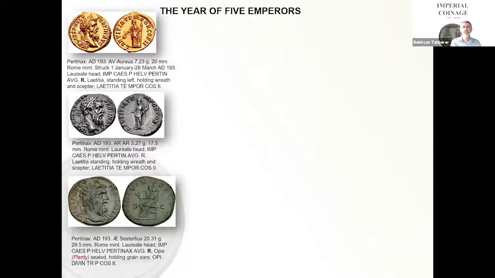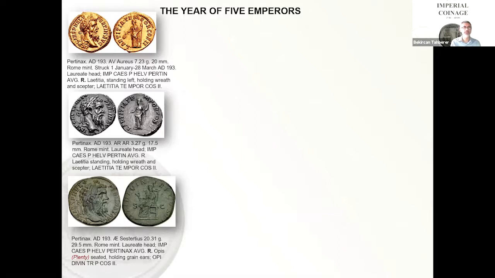Then comes the year of 5 emperors. Commodus was not a worthy son to Marcus Aurelius, but he was helpless. He took over, and it didn't last very long.